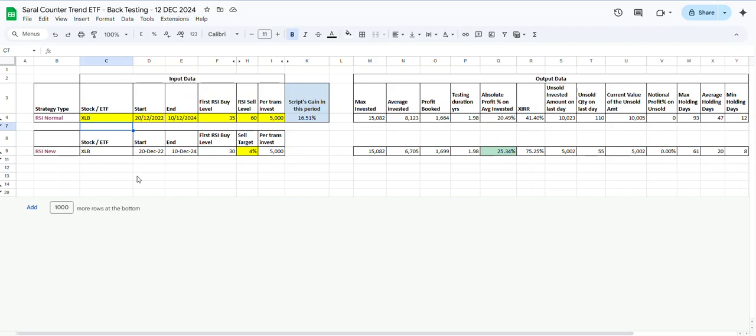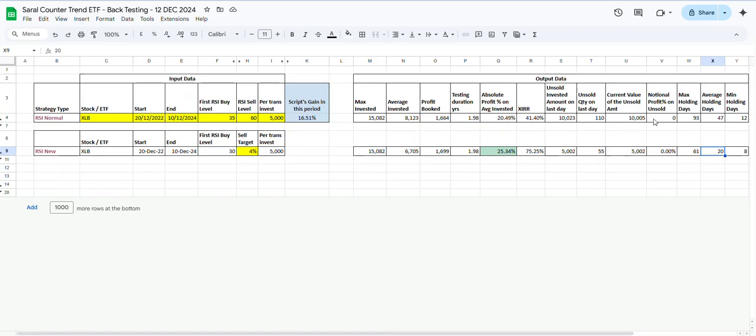All right. So in XLB, if you see, in the 2 year period, we had maximum investment of 15,000 and the script gain was 16.5%. The absolute profit was 25.34 and the XIRR was 75% with average holding period of trades only 20 days, right?